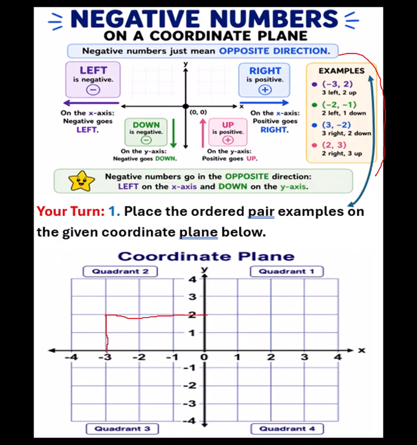Now let's put a dot. On this one, we're going to put a purple dot. I'm going to put a purple dot because I am doing it on the screen, but you can just put a dot. Excellent job.